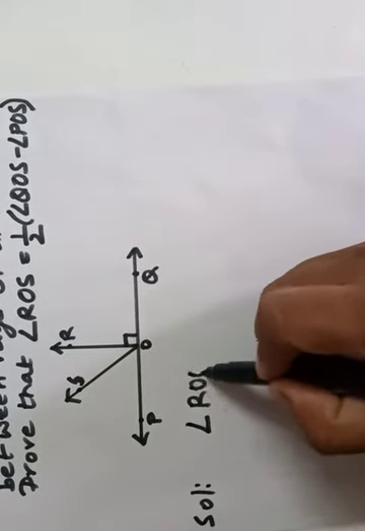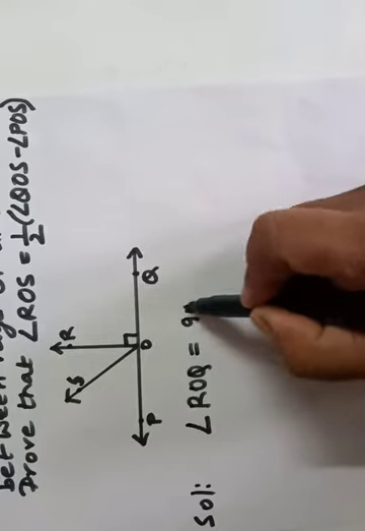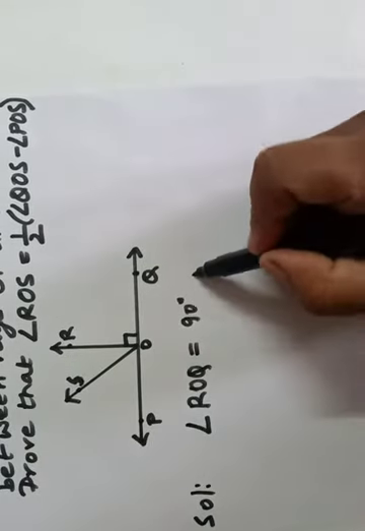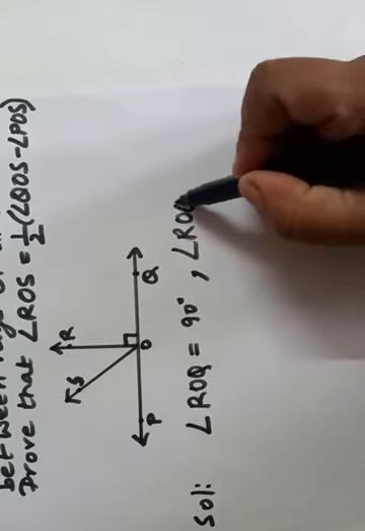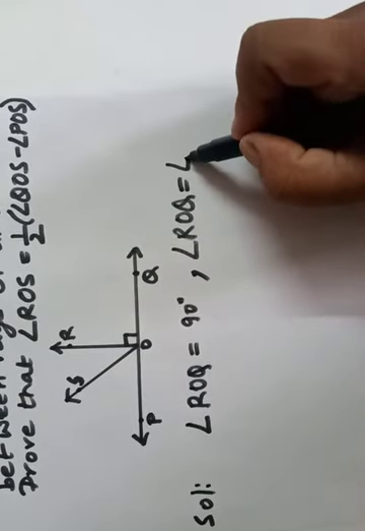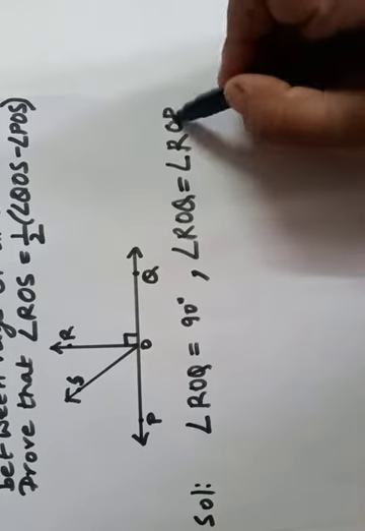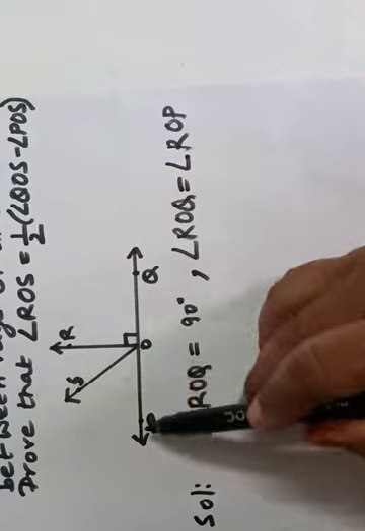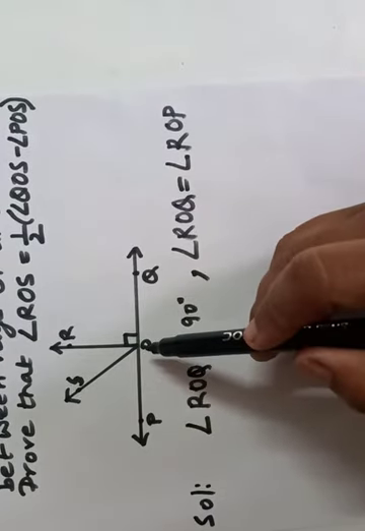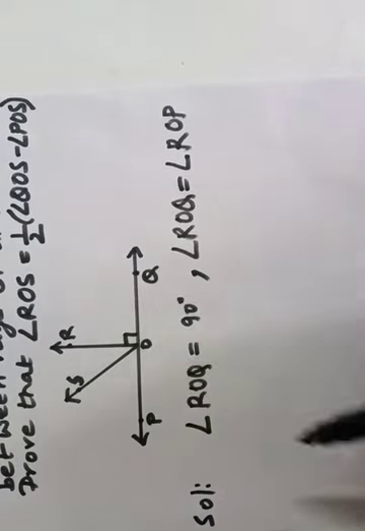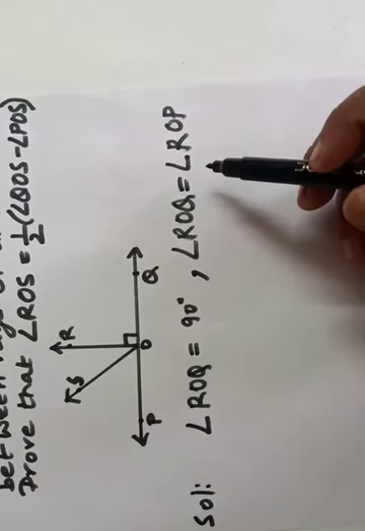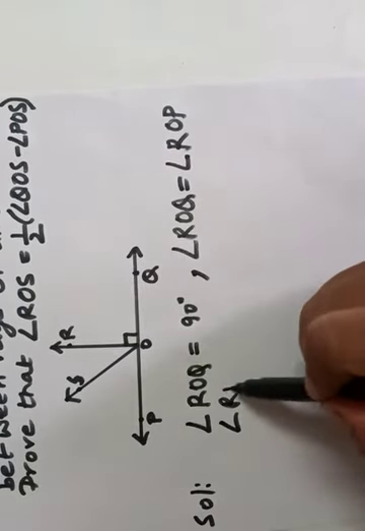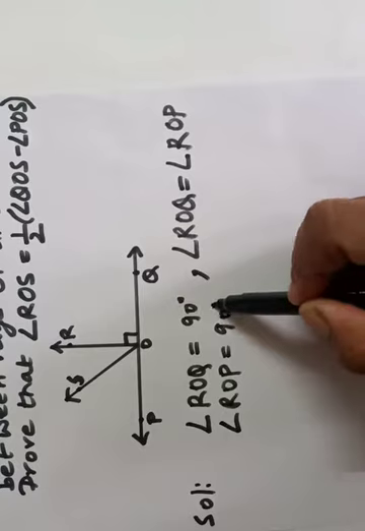Angle ROQ is given 90 degree, and angle ROQ is equal to angle ROP. That will also become a 90-degree angle. Angle ROP is equal to 90 degree.